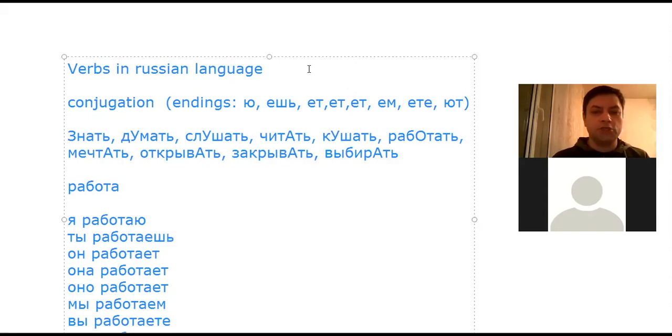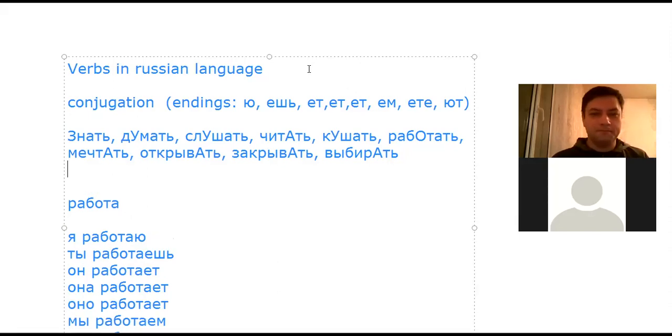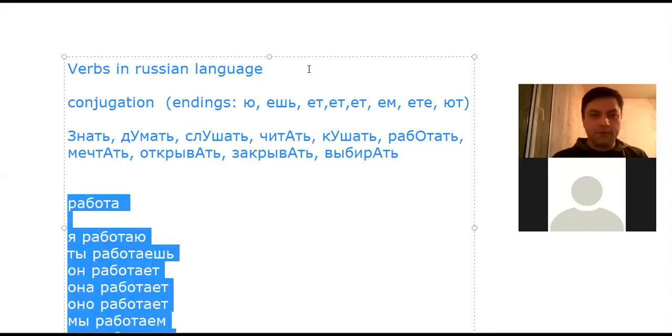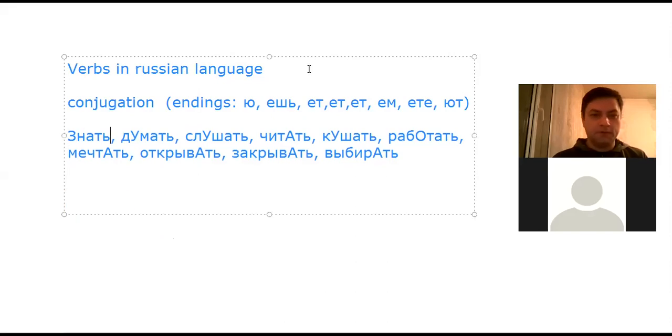We say работаешь, работаешь. However, now you know how to conjugate those verbs, but I must explain to you what they mean. So perhaps for a while, I'm going to delete all that.